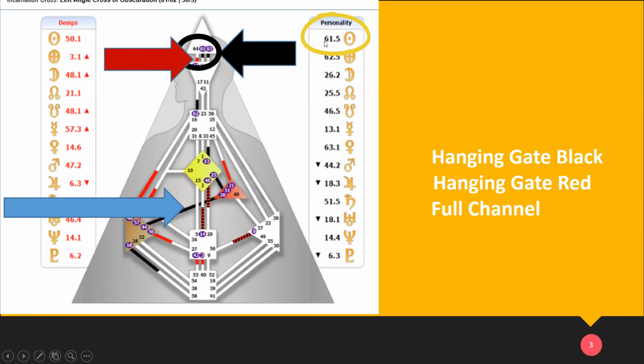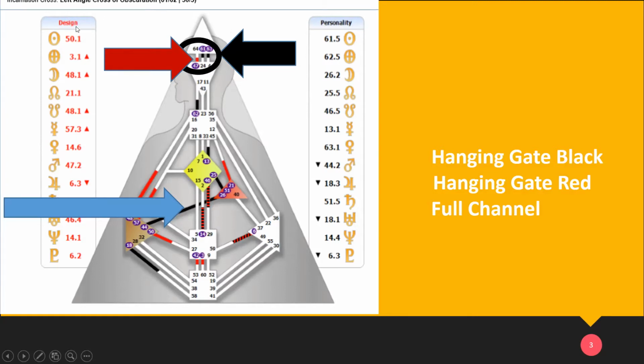And then you also see this hanging gate 63, which is also on the personality side under the Venus here. So this is where this hanging gate shows up in the Rave chart and where it shows up in the planetary influence. And then we have this hanging gate here on the red side, which is the design side.